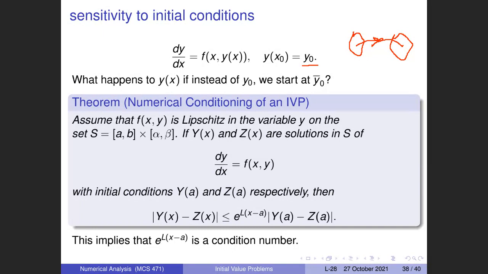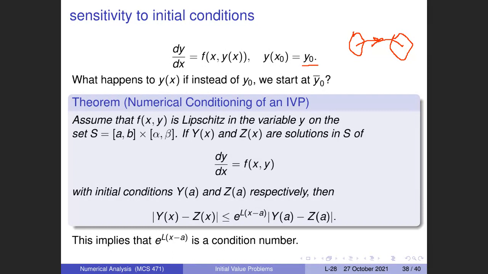So y has initial condition y at a, and z has initial condition z at a. Then the difference in the solution actually grows exponentially. So we have actually a condition number.